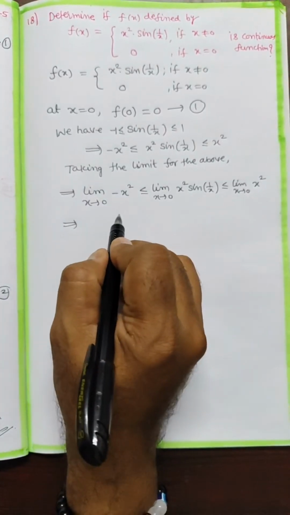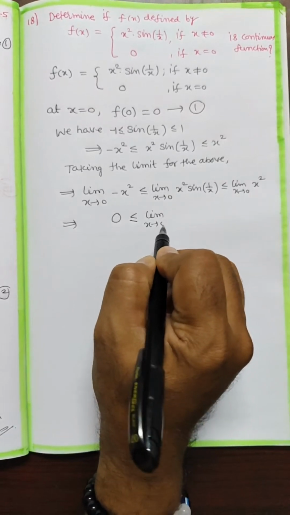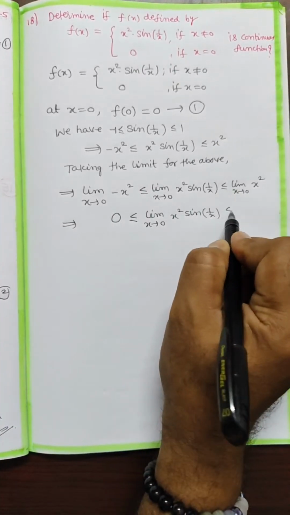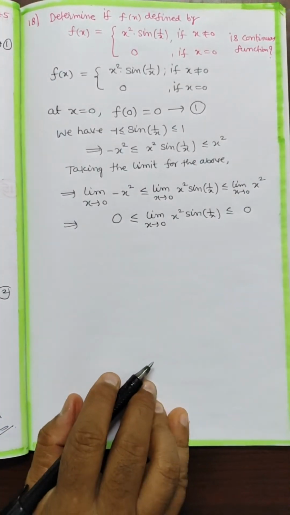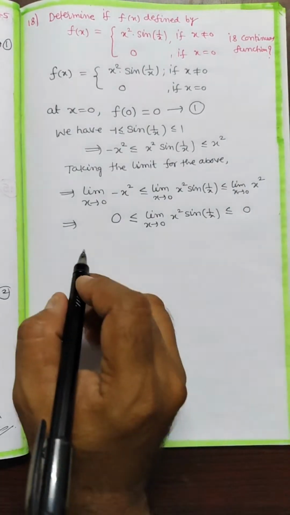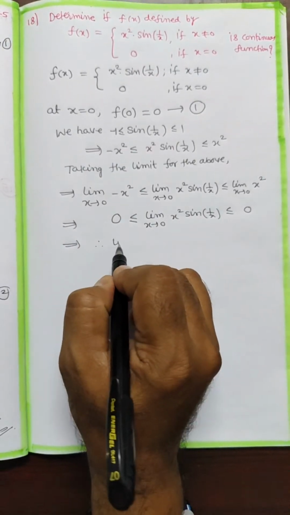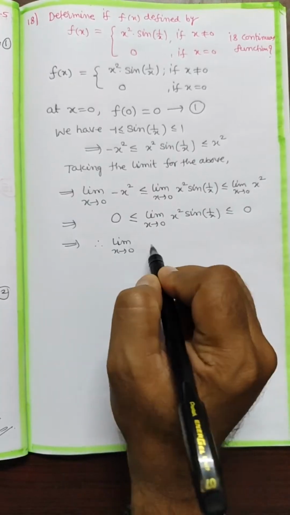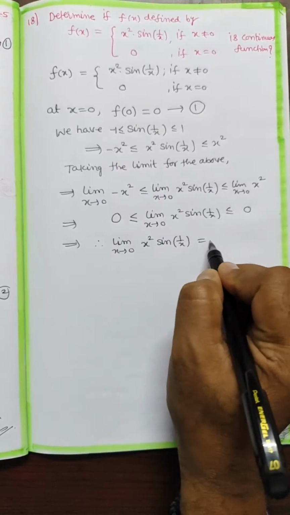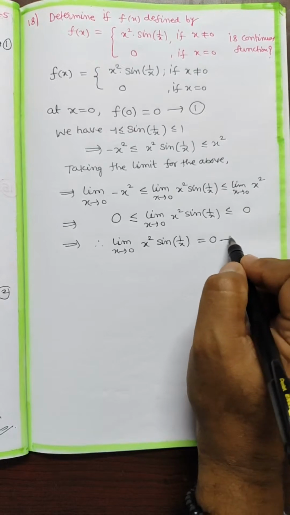Substituting x is equal to 0, 0 will come. So whenever the limit of a function lies between 0 and 0, then the limit value is 0, dear students. Therefore, limit x tends to 0 of x square sine 1 by x is equal to 0. Okay, I hope you understand. So this is equation number 2.